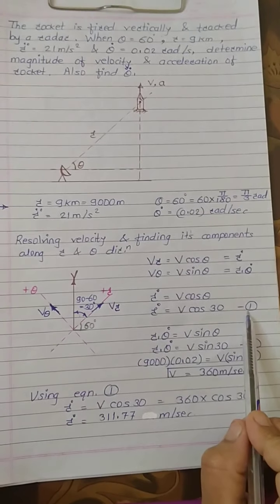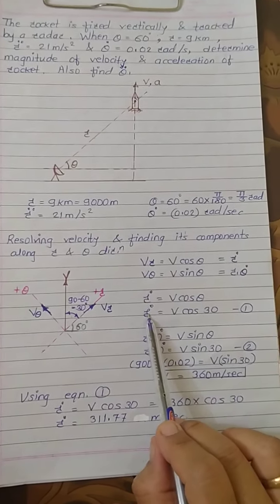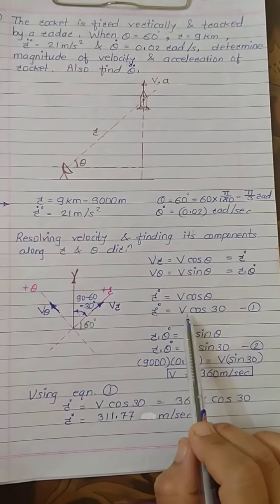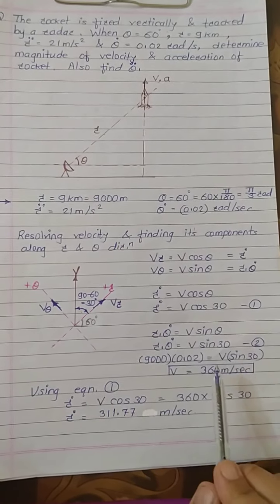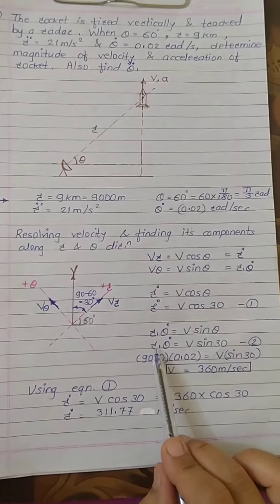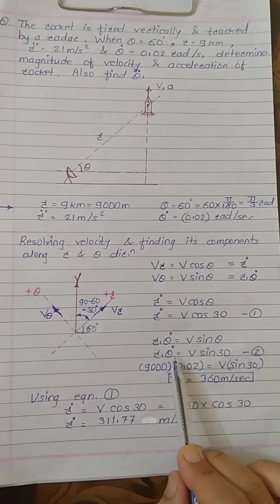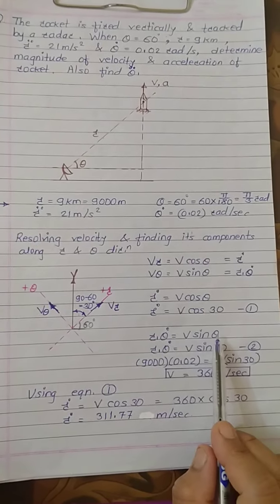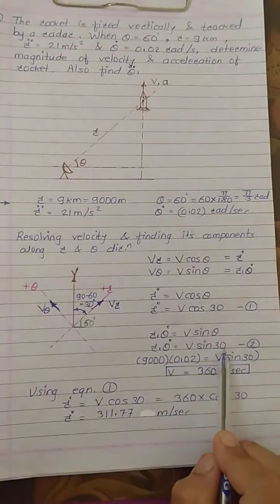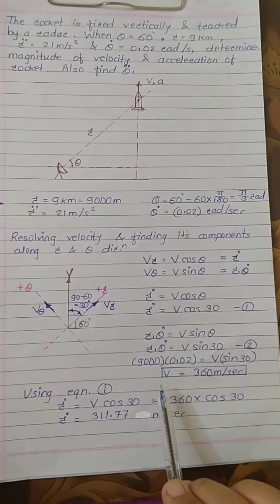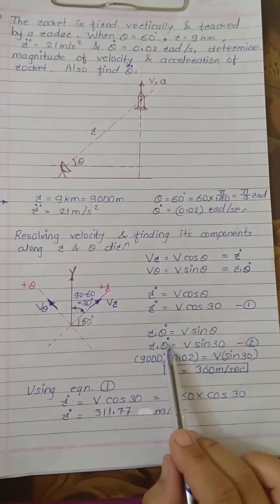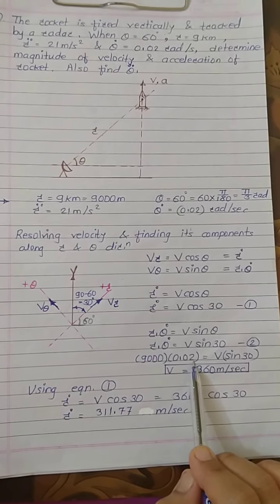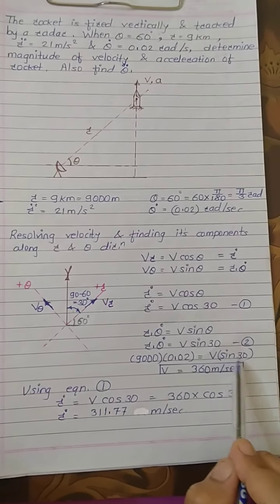Now if I use equation number 1, I do not know the value of r dot to get the value of V. But if I use the second equation, I know the value of r, and theta dot. So if you substitute these values, r is 9000, theta dot is 0.02, equals V sin 30.